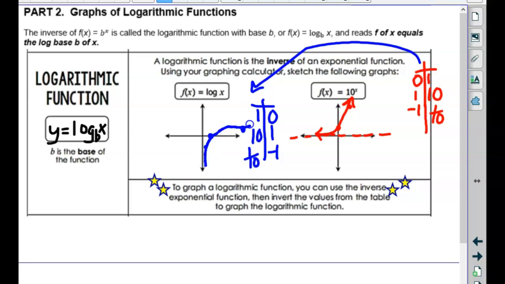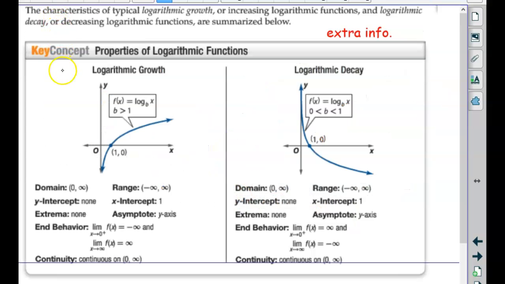So a log base 10 looks like this with a vertical asymptote at x equals 0. To graph a logarithmic function, you can use the inverse exponential function and then invert the values from the table to graph the log function. All right? Or you can use your calculator.